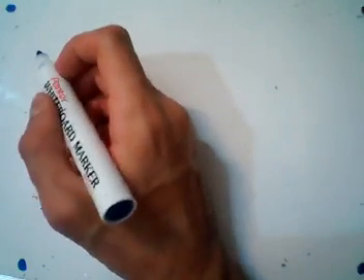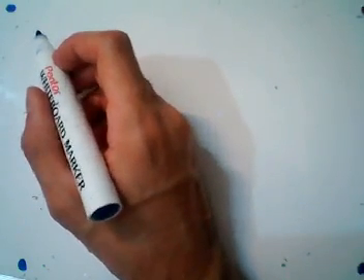Okay, here I'm going to talk about how to find the radius of convergence by the ratio test. Here we have two theorems.